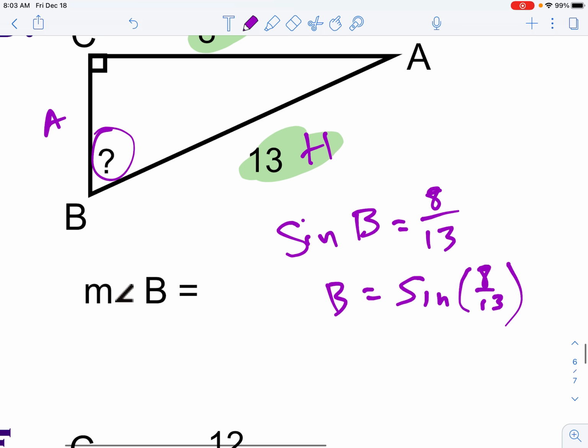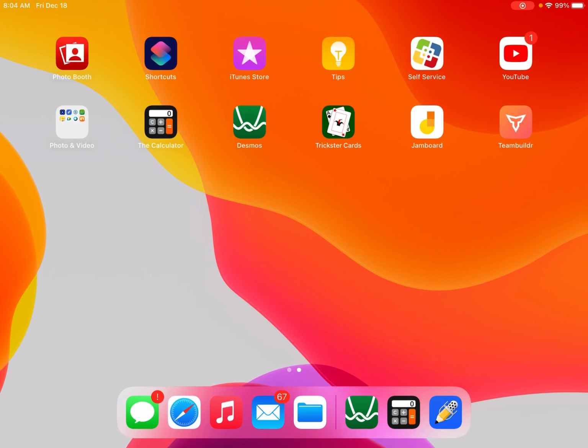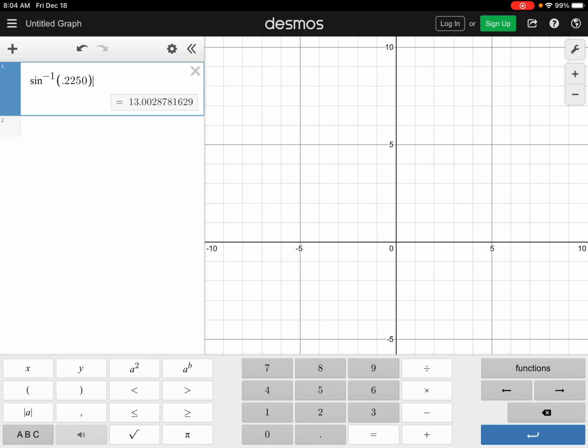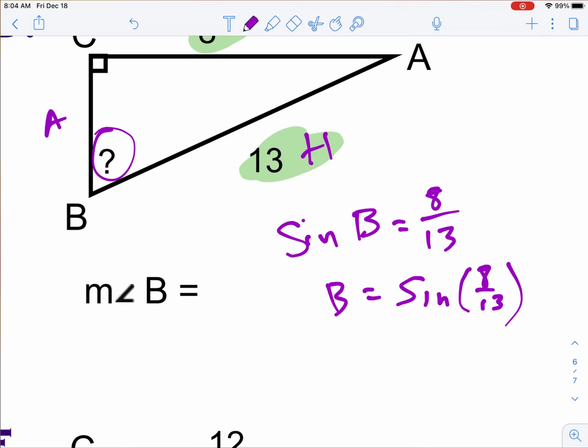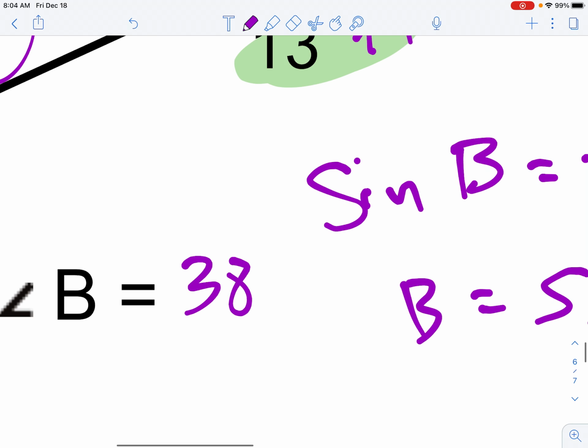Okay, we type that in the calculator. Well, if you've got a calculator like Desmos, again, super nice. All right, we would do sine inverse of 8 over 13. We get 37.97, so that's 38 degrees.